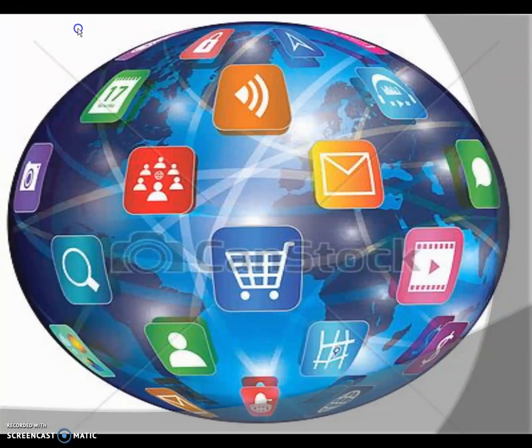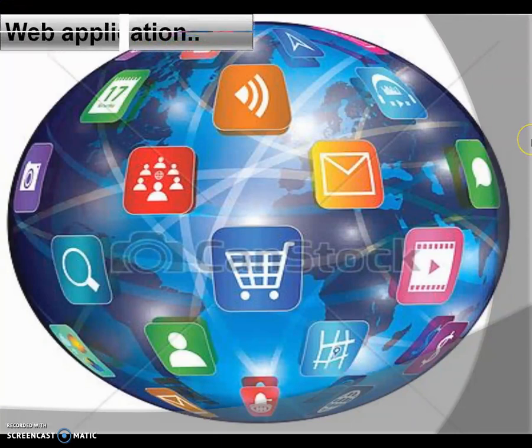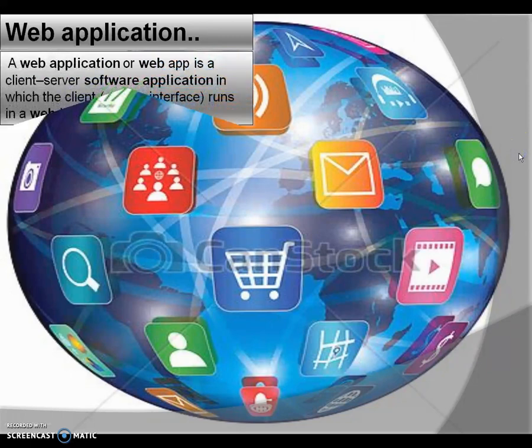So the next one is web applications. As I said, applications which provide the client server communication or interface are known as web applications, and the client will be running on the web browser. For example, when we want to search something we will be typing in some web browser such as Chrome or Firefox.